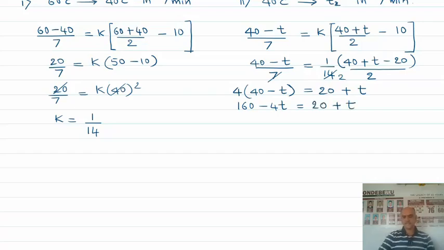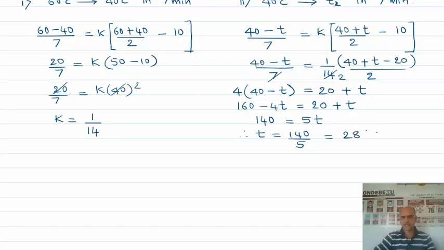Again, 20 I will take to the LHS, 4t to the RHS. Therefore I will have 140 is equal to 5t. Therefore t is equal to 140 divided by 5. You will get 28 degrees centigrade. Clear?